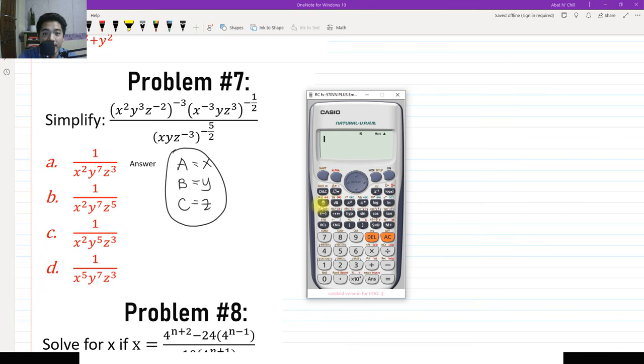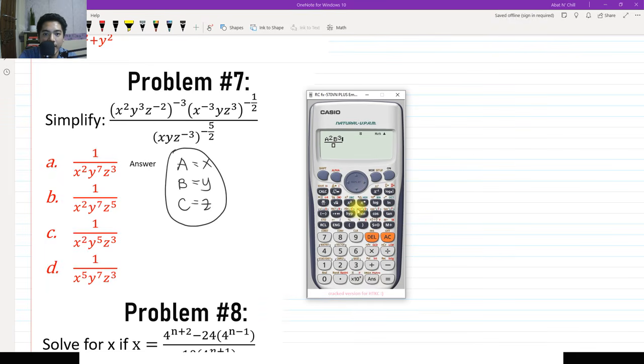So again, let's get started. All of the X will be replaced by A, Y by B, Z by C. So we now have a squared as our x squared, and then we have b cubed.